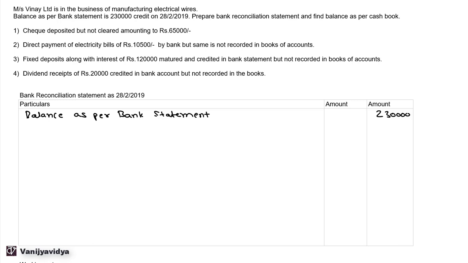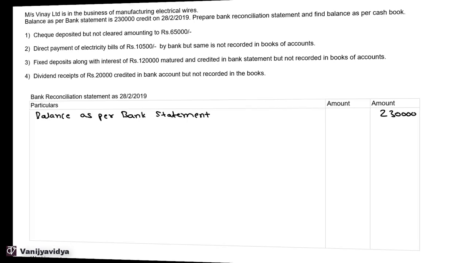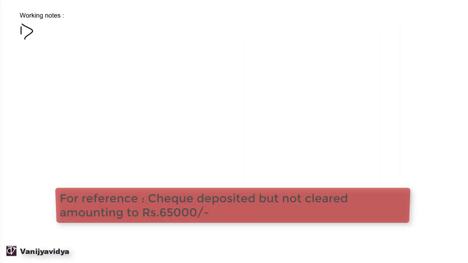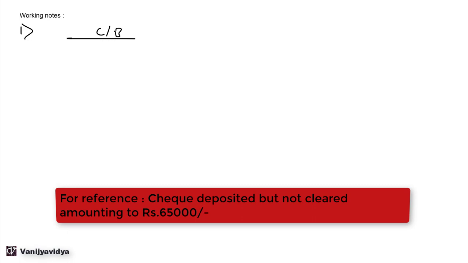Now let's prepare a working note and understand its impact in detail. Working note number 1. You have cash book and passbook. Let's assume 1 lakh debit balance in cash book and 1 lakh credit balance in passbook. Now the check has been deposited, so on the debit side of cash book we have 65,000.